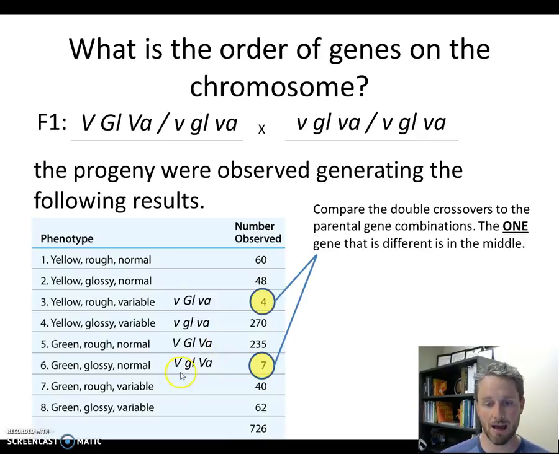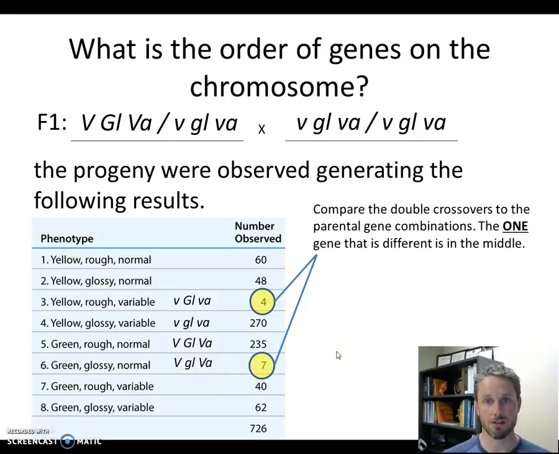We can confirm that by looking at the other pair here. So usually in the parent, we had the dominant alleles together. And now in this double crossover outcome, the GL allele has been switched. The uppercase V is still there, the uppercase VA is still there, but the middle one, the lowercase GL, is different.